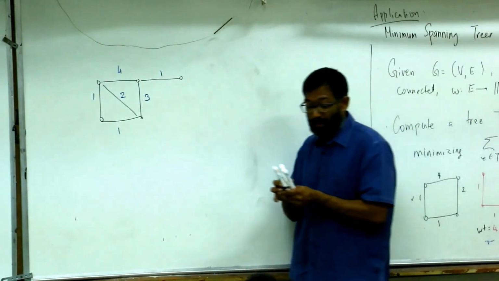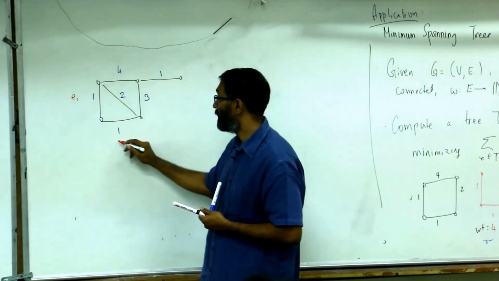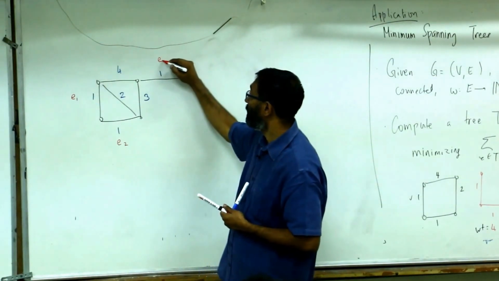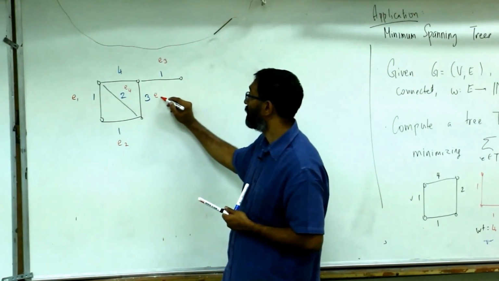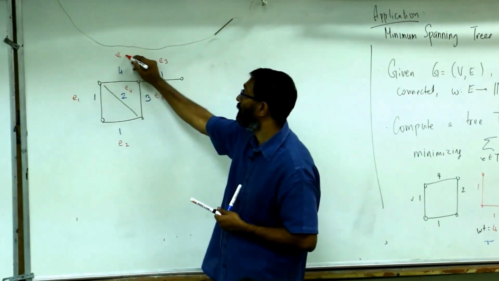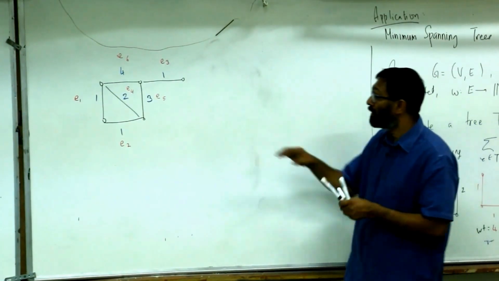Okay, now let's label them. This is E1, let's say, E2, E3, E4, E5, E6. Now let's run Kruskal.